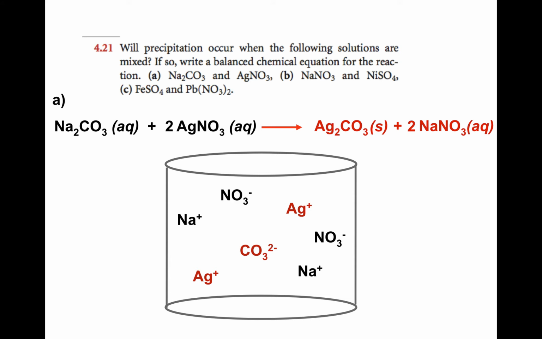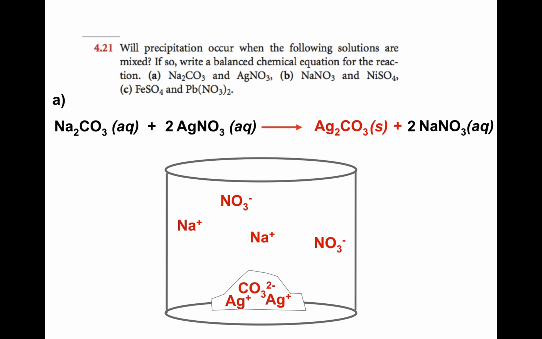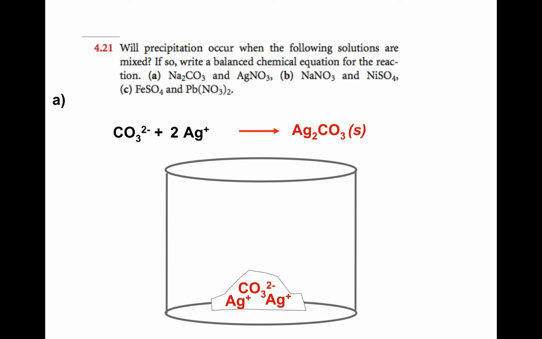So this is what it means to precipitate. They drop out and form a solid. Whereas the sodium ions and the nitrate ions don't do anything. They went in the same way they come out. So this is what's known as being a spectator ion. You're not involved in this reaction. This reaction is between the carbonate ion and the silver ion.